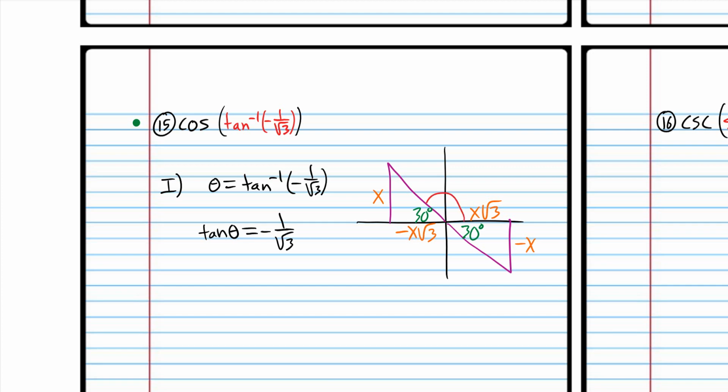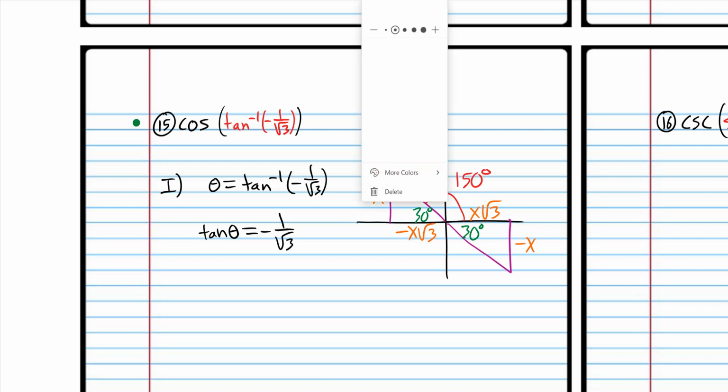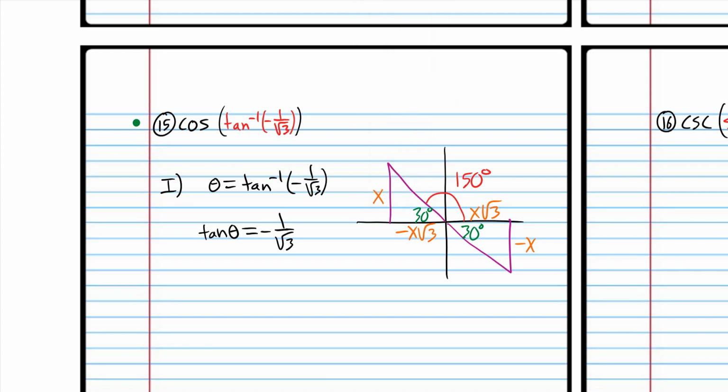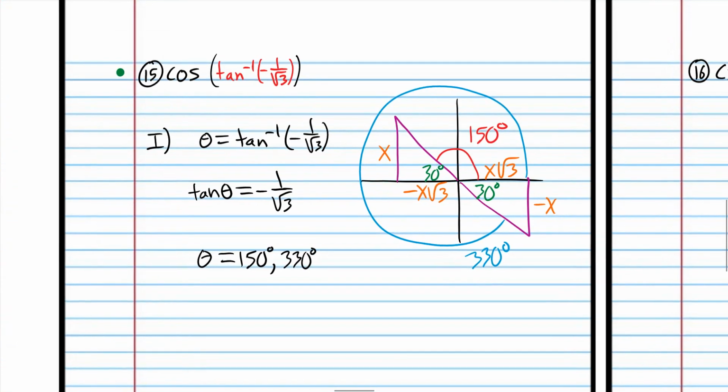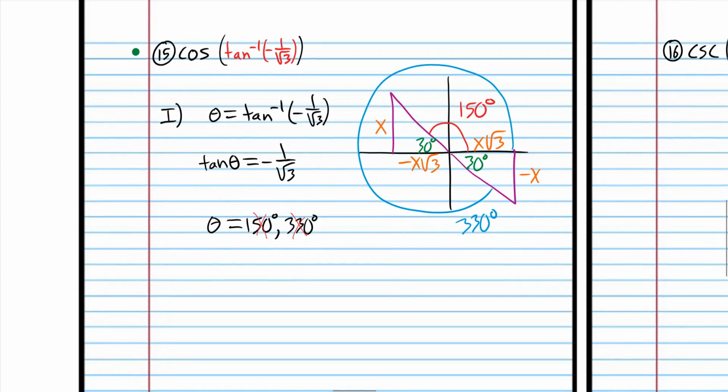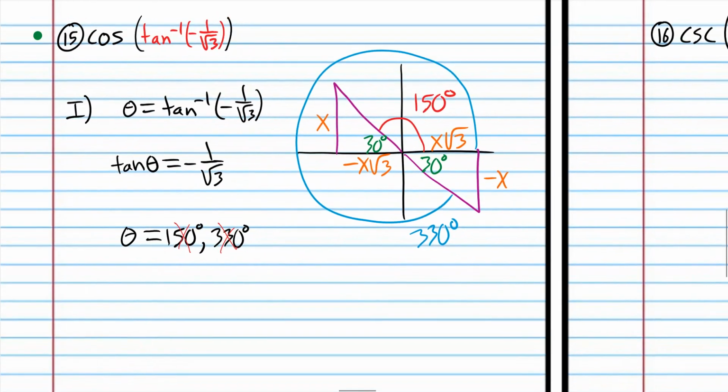Our actual angle starting with is 150, and the other angle is going to be 330 degrees. So theta is equal to 150 degrees or 330 degrees, but neither of those angles are actually in the range restrictions for the tangent inverse function. Tangent inverse has to be between negative 90 degrees and 90 degrees.